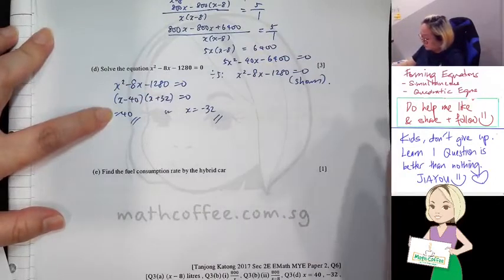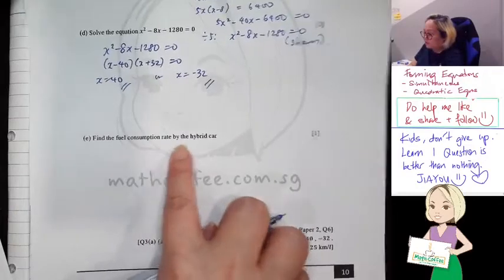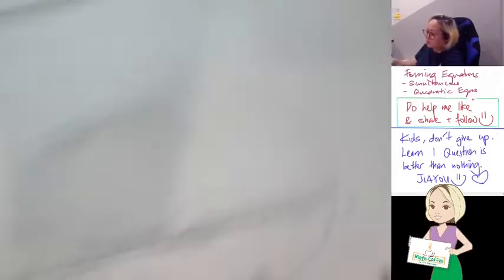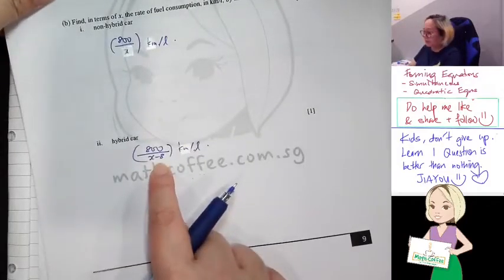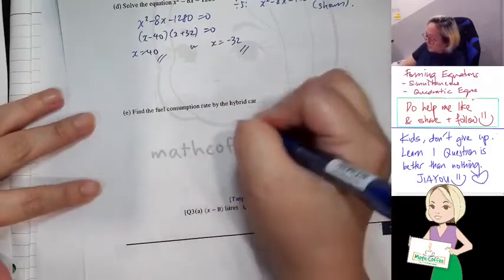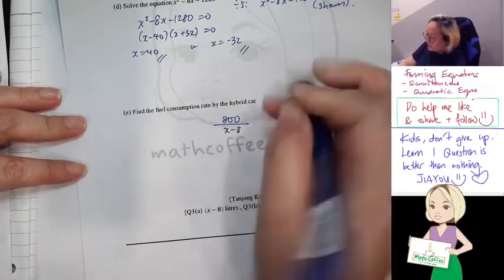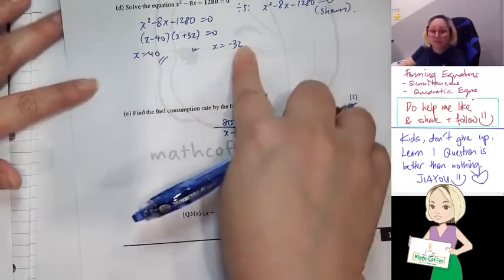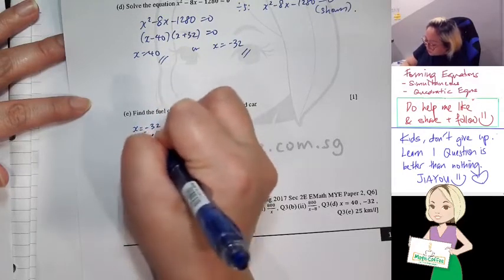Then in part E, they said find the fuel consumption rate of the hybrid car. Our hybrid car was 800 over x minus 8. I'm going to reject the negative 32, so at this side you will say x equals negative 32, reject.